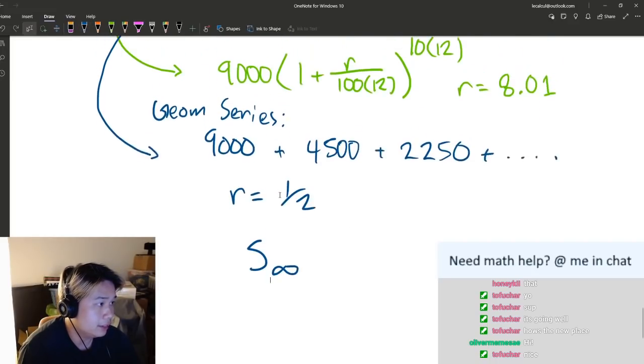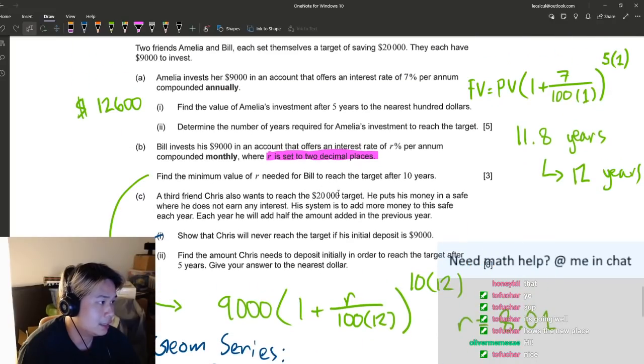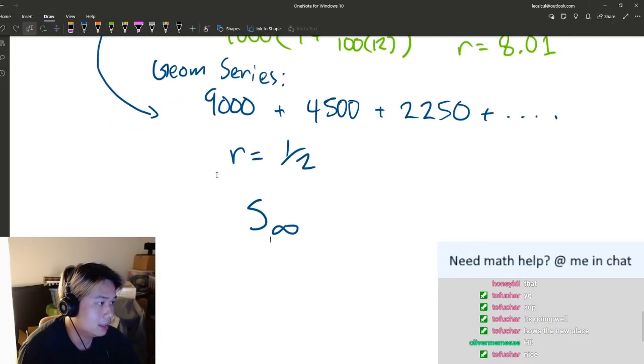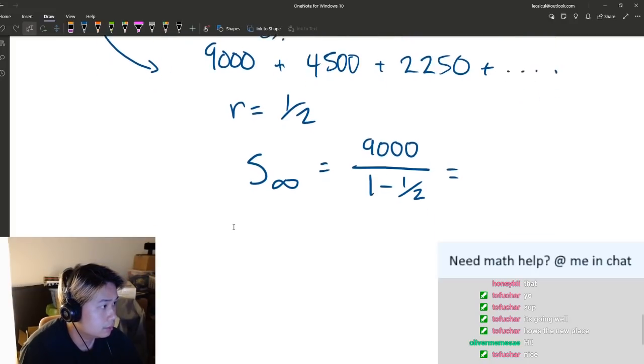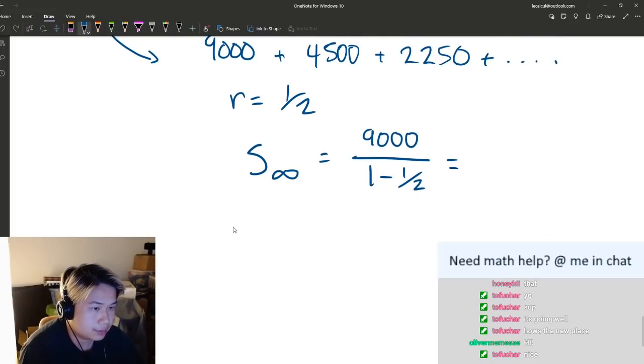And the infinite sum, I guarantee it, is going to be less than 20,000. Which means that he could keep doing this forever and he won't get there. So following the infinite sum formula, that's the first term divided by 1 minus the common ratio. So, okay, I guess I'll show my work.